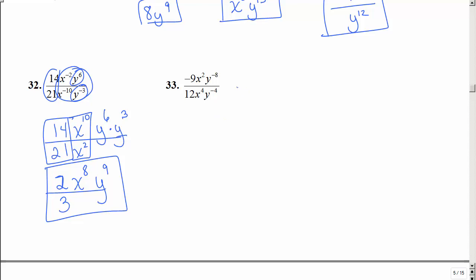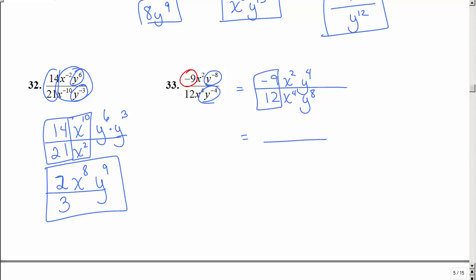33, I'm going to do the same thing. I'm going to keep the negative 9 and 12, the x squared and the x to the 4th. But this, I'm going to move downstairs, and this, I'm going to move upstairs. Now you might say, why didn't I move that? It's not a negative exponent. It's just a negative number, so it stays where it is.